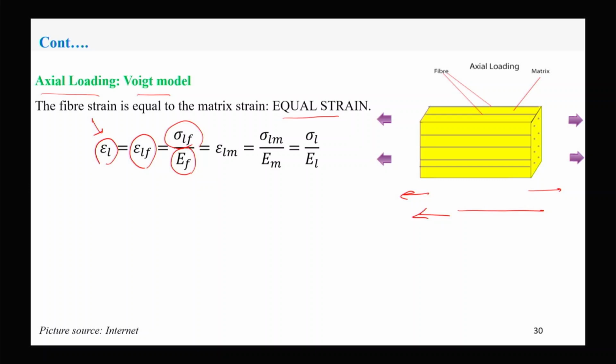And as it's equal strain, the matrix strain will also be equal, epsilon LM, matrix strain, which is nothing but stress on matrix divided by modulus of matrix, and which will be equal to the strain of composite divided by modulus of composite.